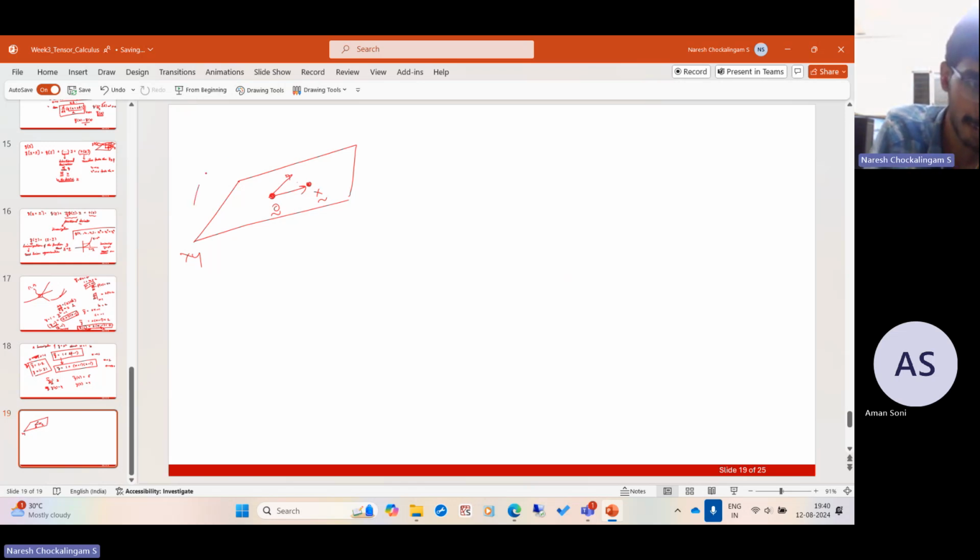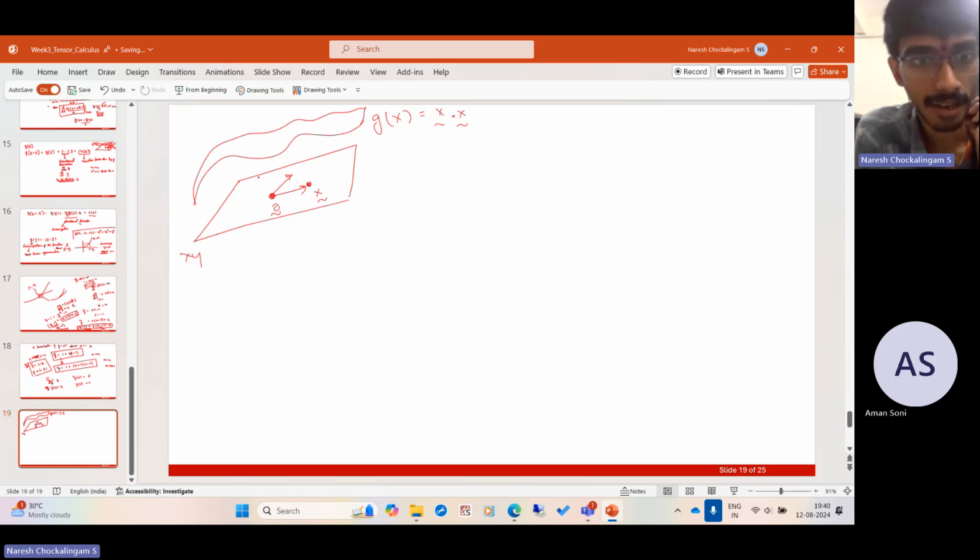Corresponding to every point, you have a certain surface. So this surface is g of x, which is x dot x. Now we are looking to get a linear approximation to this function about the point x equal to 0. There are many ways to do it. Let us do it one by one.